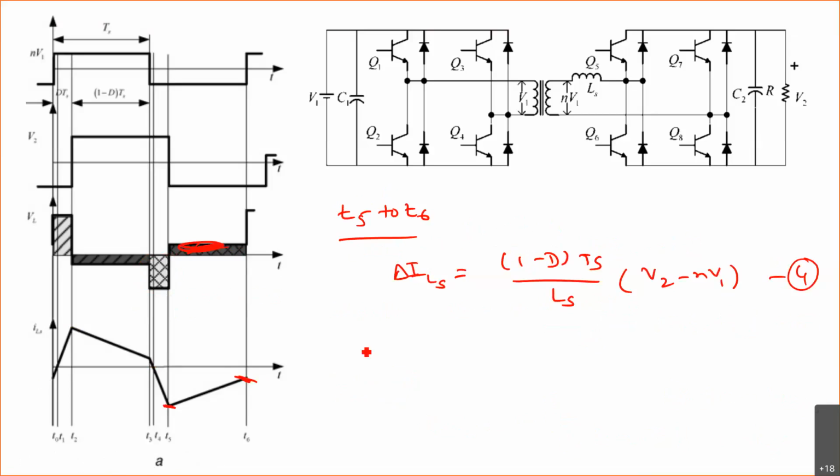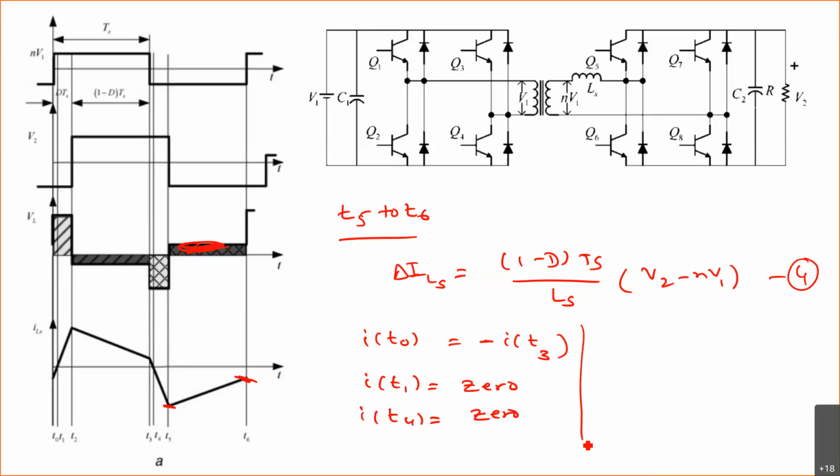We also have the initial conditions: i of 0 is minus of i of t3, and also i of t1 is 0, and i of t4 is also 0. By solving all these, we can find the inductor initial current i of t0.